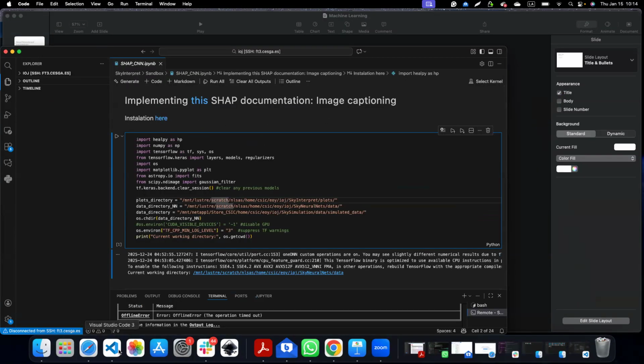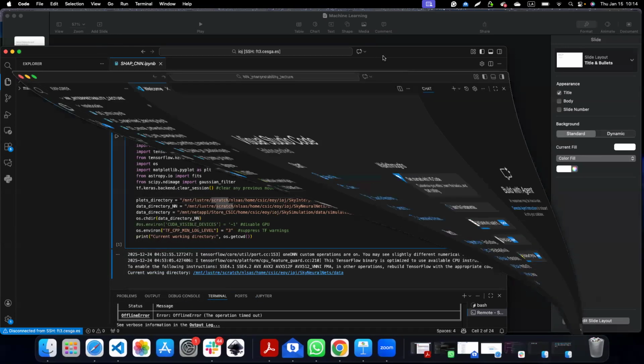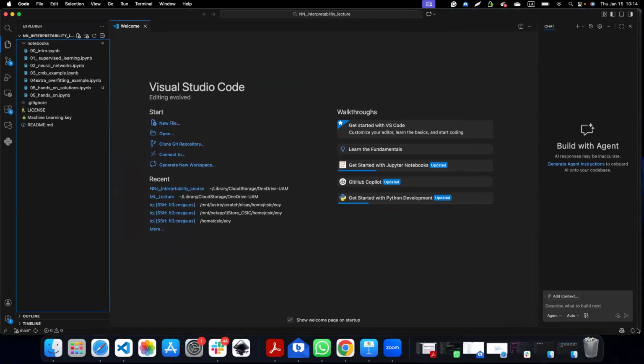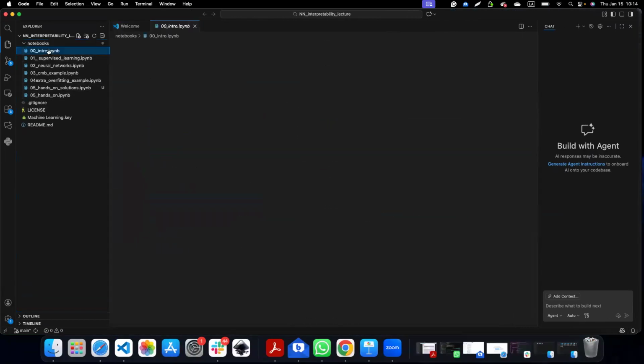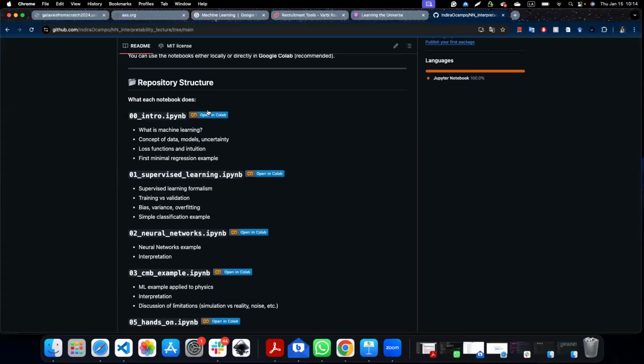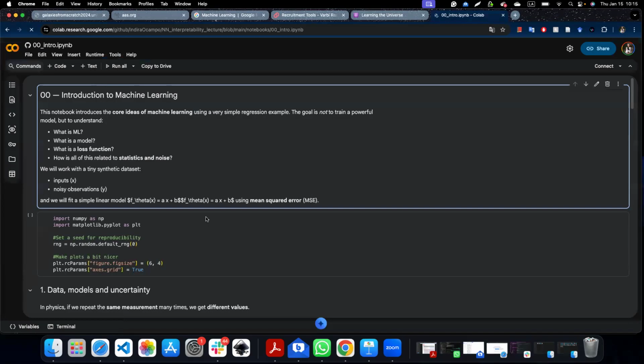But okay, let me open my own repository, which is this one. You are going to find this notebook here in the introduction. You can just open it in Colab. You can clone it or download it if you want.